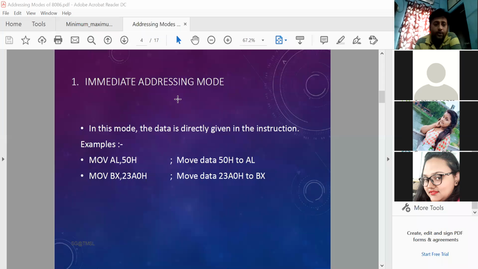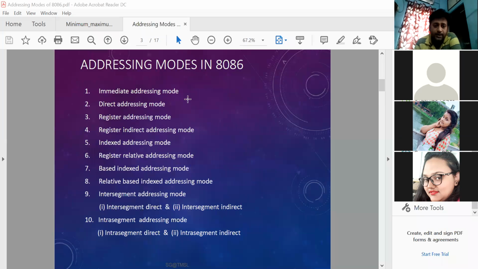The first is immediate addressing mode, second is direct addressing mode, third is register addressing mode, fourth is register indirect addressing mode, then indexed addressing mode, register relative addressing mode, based indexed addressing mode, relative based indexed addressing mode, and the inter segment addressing mode and intra segment addressing mode.